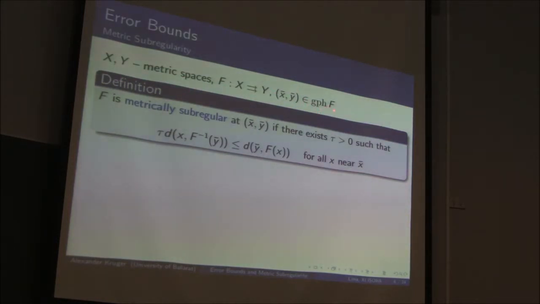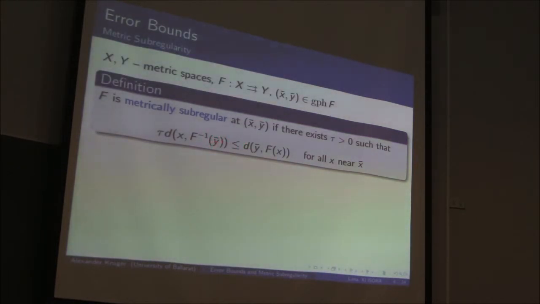Given a point in the graph, we say that f is metrically subregular at this point, again, if there exists a positive number such that this inequality holds locally. This is a weakened version of a more famous property, metric regularity, when y bar is fixed.